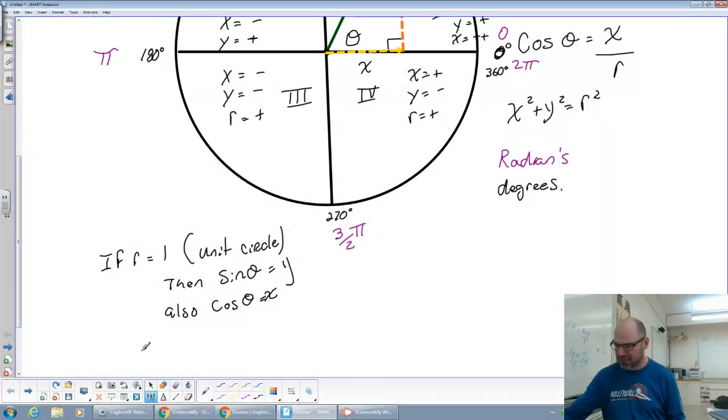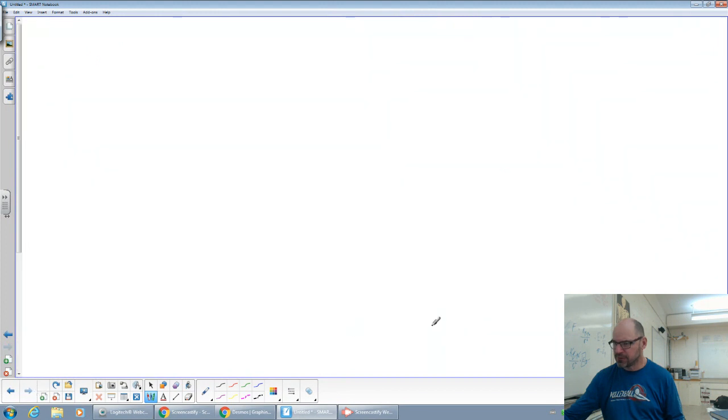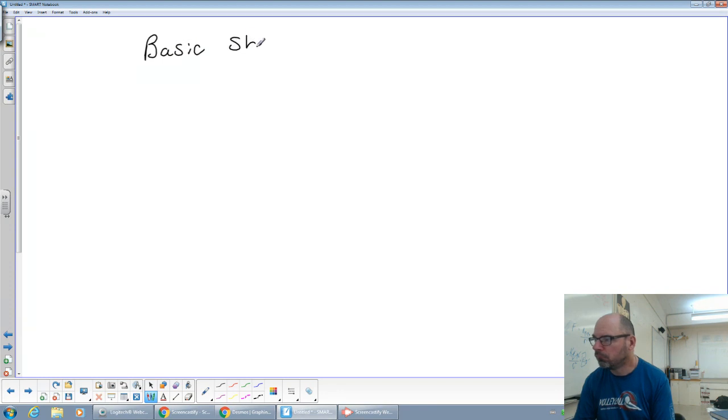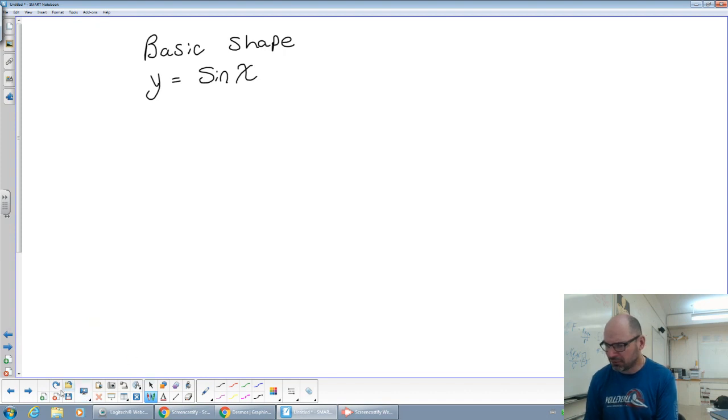Okay, so let's do a sketch of each graph. So the basic shapes of the y equals sine x graph. Okay, so what we do is we just usually make like a little T. This is what I do to sketch it. Okay, so we take and we make a little T graph.